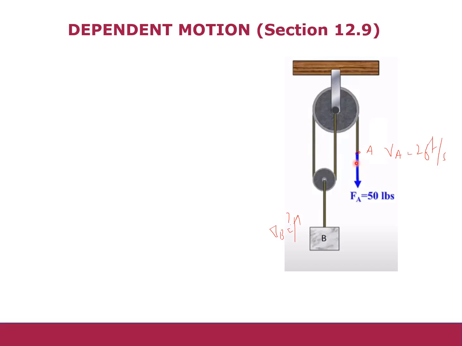In order to solve such problem, we have a procedure that, number one, you have to identify a stationary point and mark it as datum, and from that point you will calculate the position of the other body. So this is our datum or a reference point. So define datum.